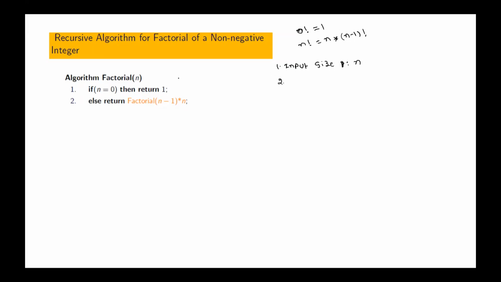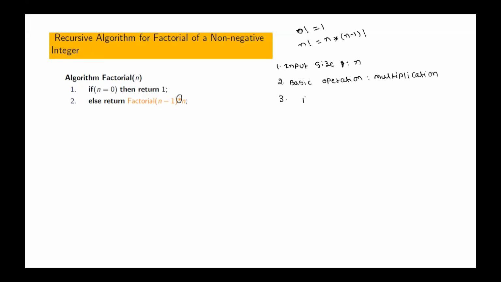Now, what is the most important operation in this algorithm? The basic operation. Multiplication. So this operation we can consider as the most important operation. Now, what is the next step?